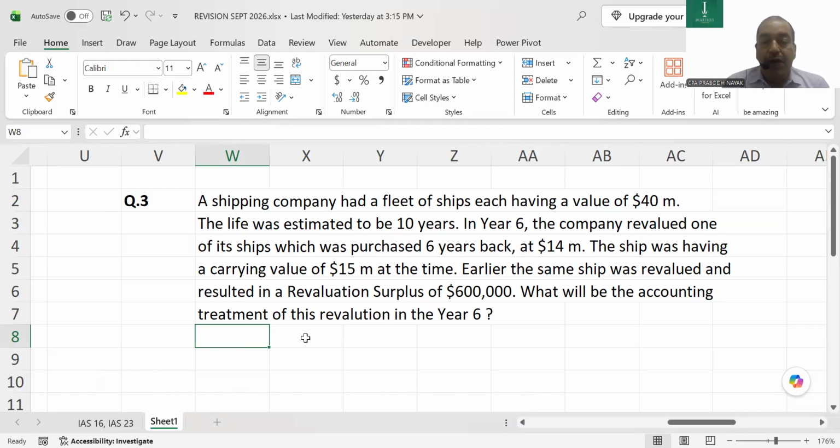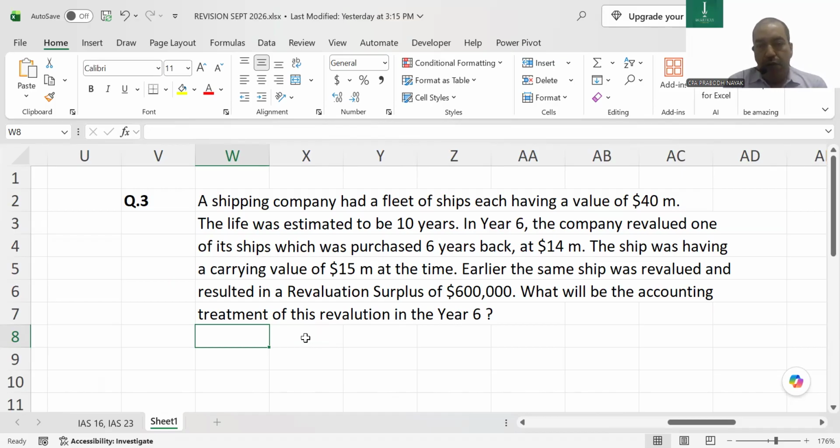The ship was having a carrying value of $15 million at the time. Earlier, the same ship was revalued and resulted in a revaluation surplus of $600,000. What will be the accounting treatment of this revaluation in year 6?